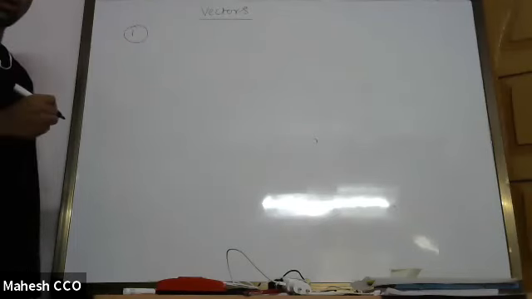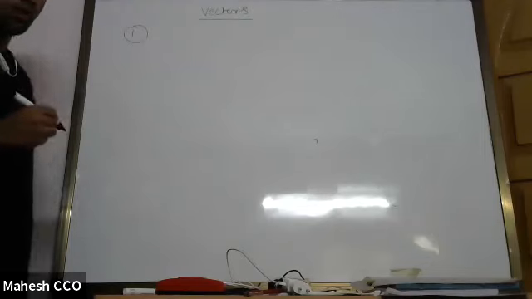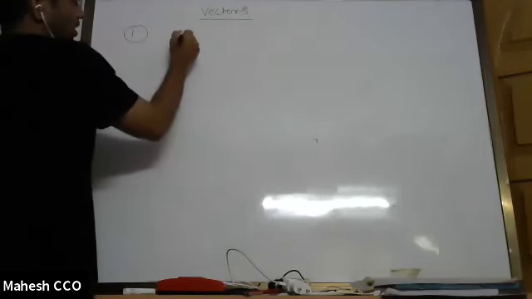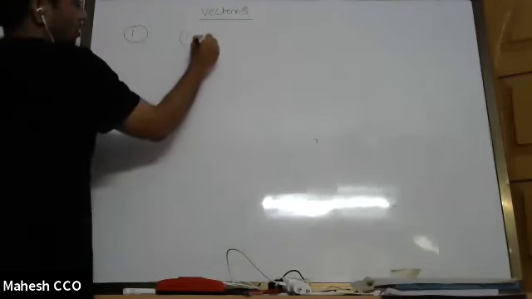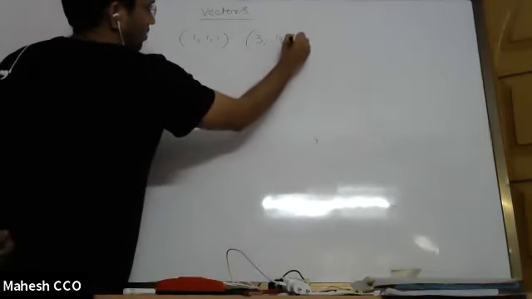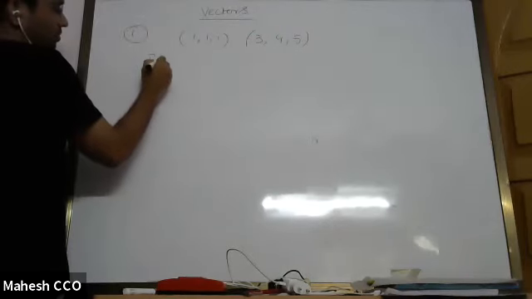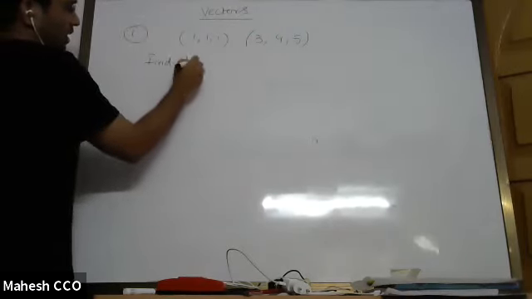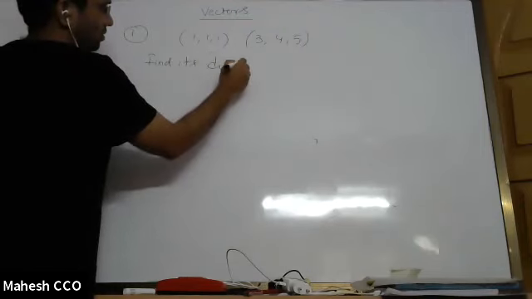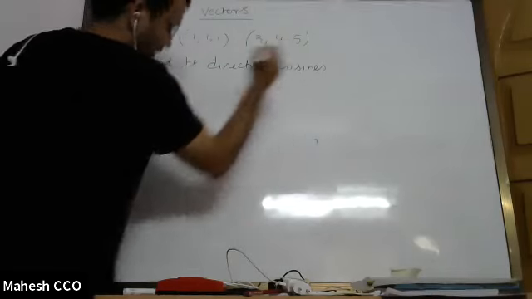So first, all of you, if a vector is joining two points, 1, 1, 1 and 3, 4, 5, find its direction cosines.